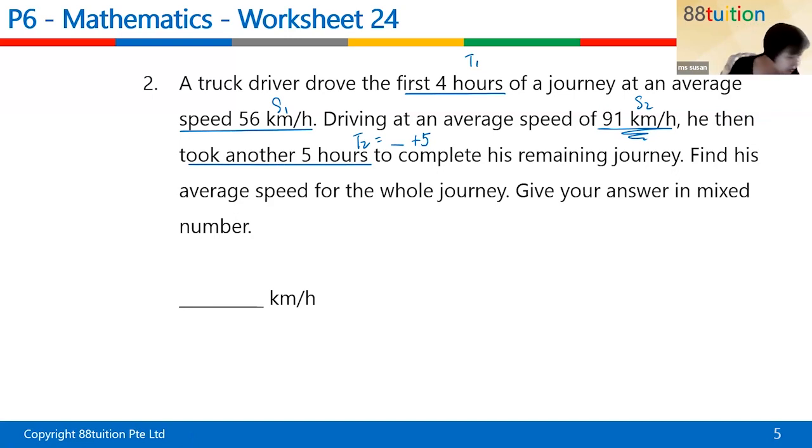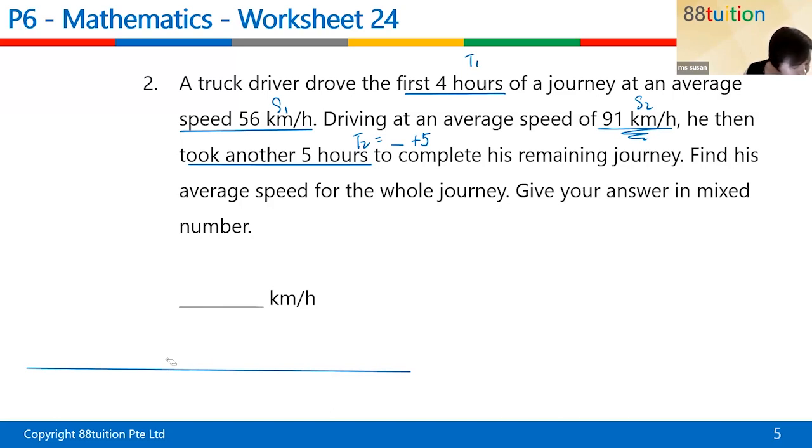Okay, so first thing is we want to draw the distance line. Let's draw it here. And these are 2 parts of the journey. I have only 2 scenarios in this question, right?